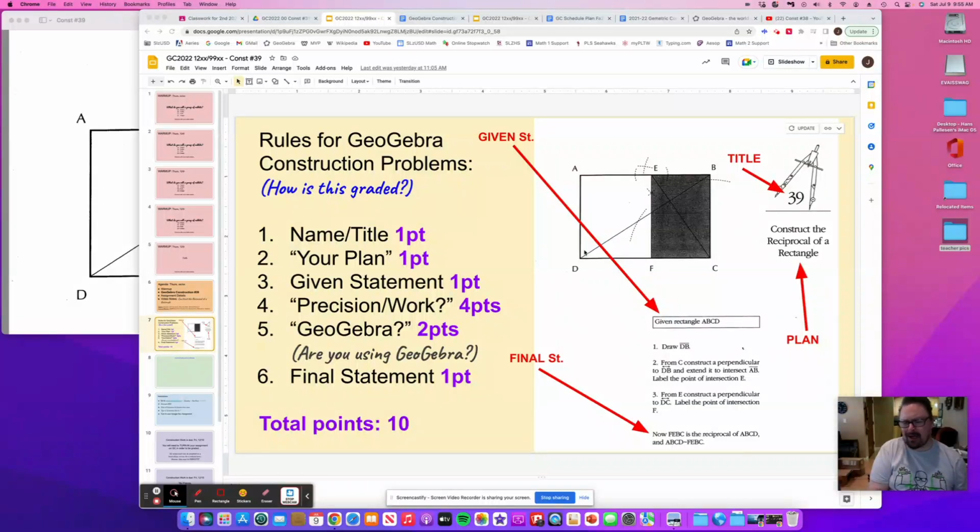Okay, so today we're going to do construction 39, which is to construct the reciprocal of a rectangle.